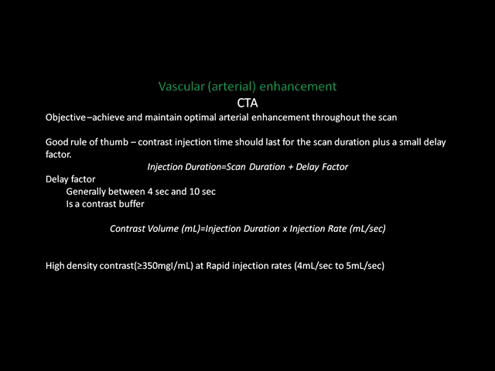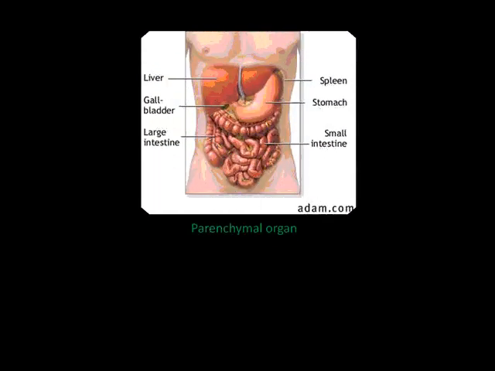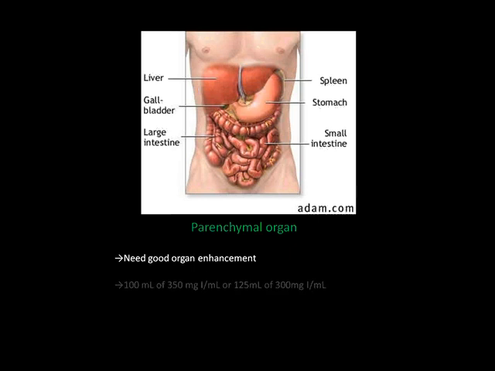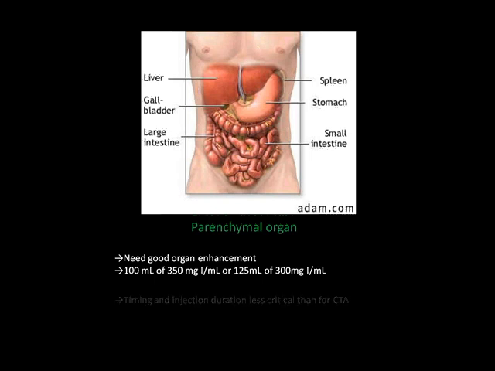The high density contrast is injected at rapid injection rates, but if you use a lower density contrast, if you inject it at even a higher rate, you can get the same visualization. Are you injecting and looking at a parenchymal organ? Well, you need good organ enhancement, and so you would use 100 mLs of 350 or 125 of 300.